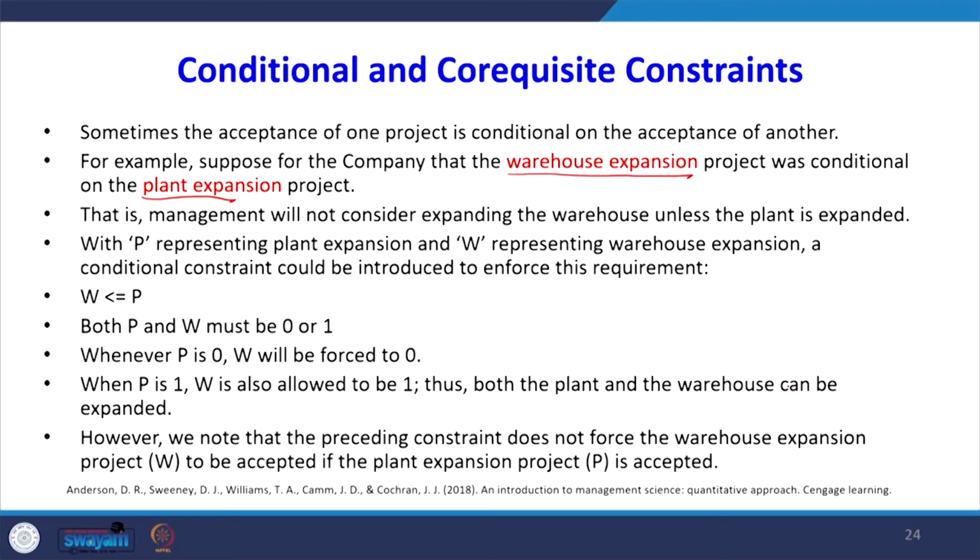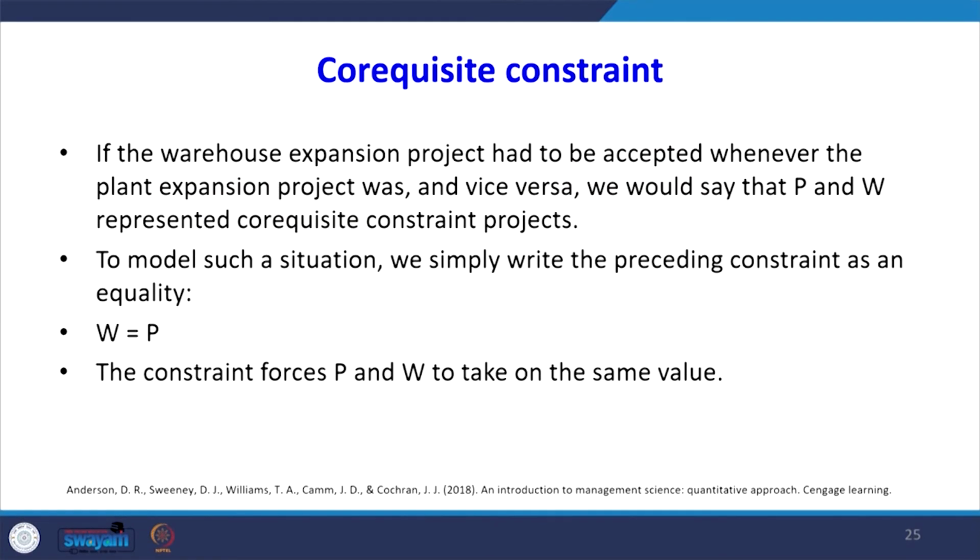However, we note that the preceding constraint does not force the warehouse expansion project to be accepted if the plant expansion project is accepted. So there is a possibility W can become 0 when there is a plant expansion. But the warehouse expansion is possible only if you go for plant expansion. So this type of constraint also can be incorporated.